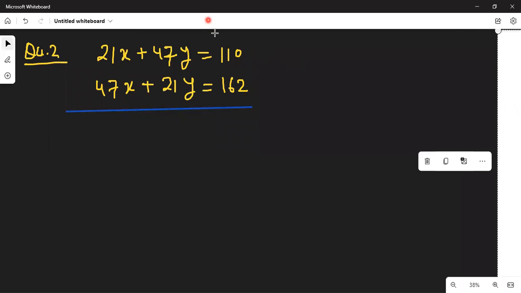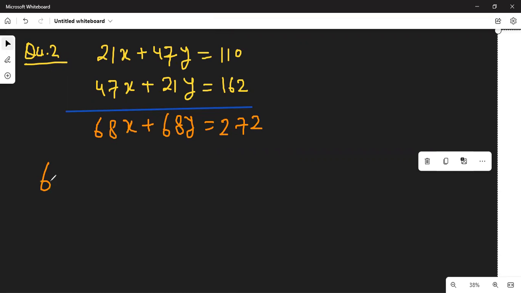All right. So adding 47 plus 21, this will be 68x. This is also 68y. And when we add these numbers, we get 272.